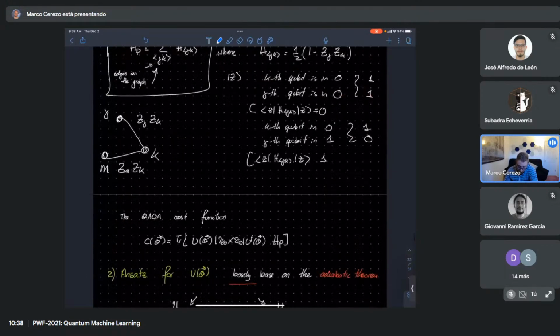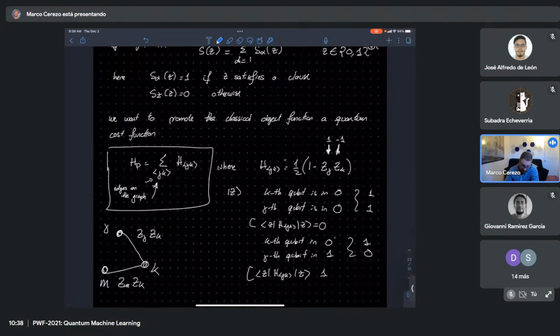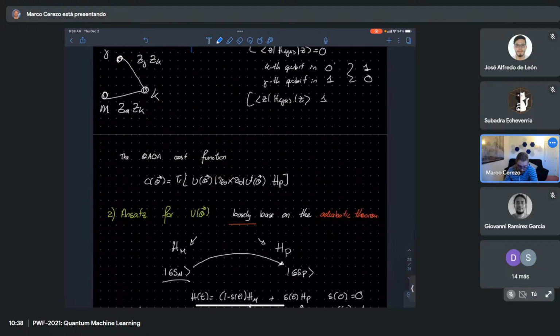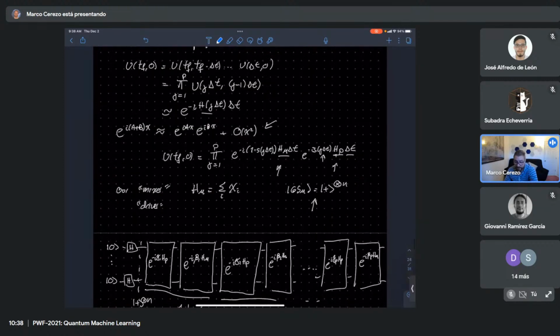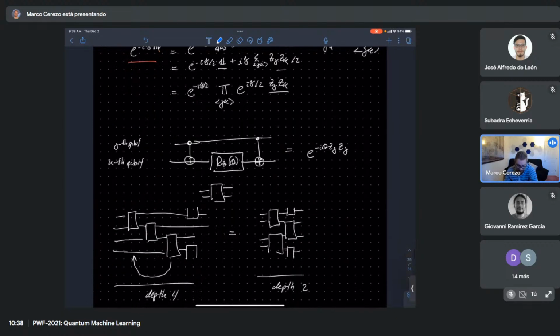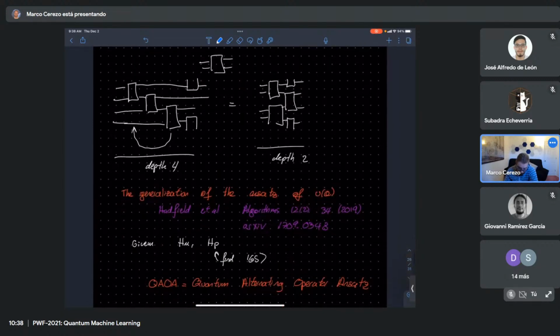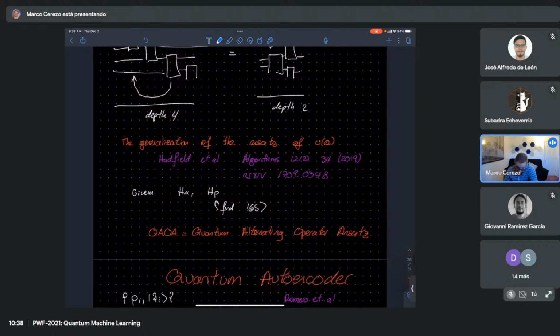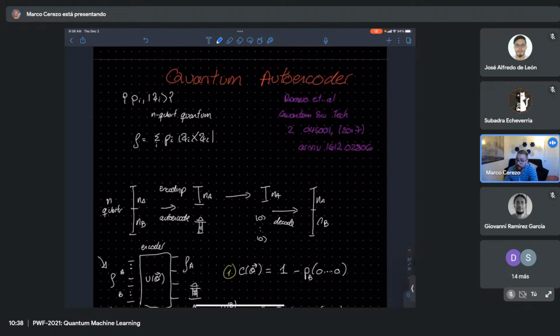Here we introduced the cost function that is based on the classical version of whether the clauses are satisfied or not. Then we also saw how to build the ansatz based on the idea of adiabatic evolution, and that led us to introduce the quantum alternating operator ansatz, which shares the same name, but is also QAOA.